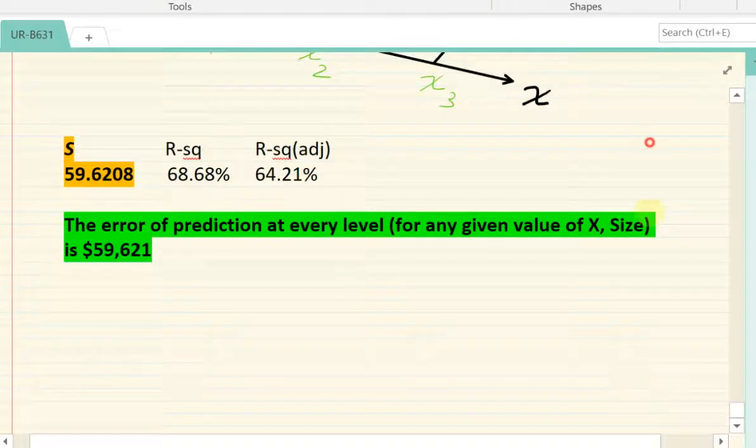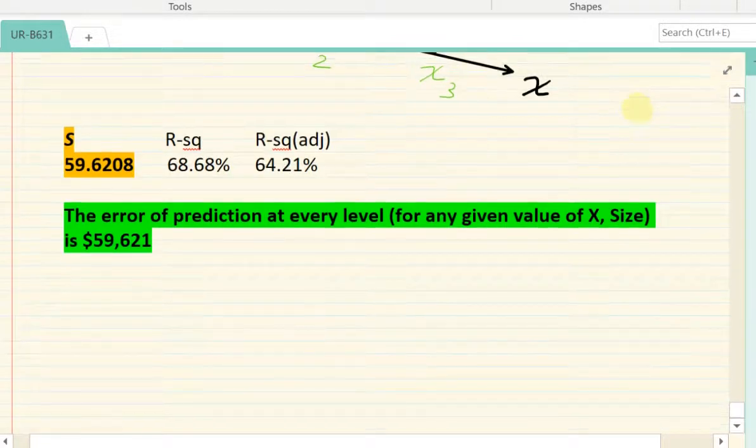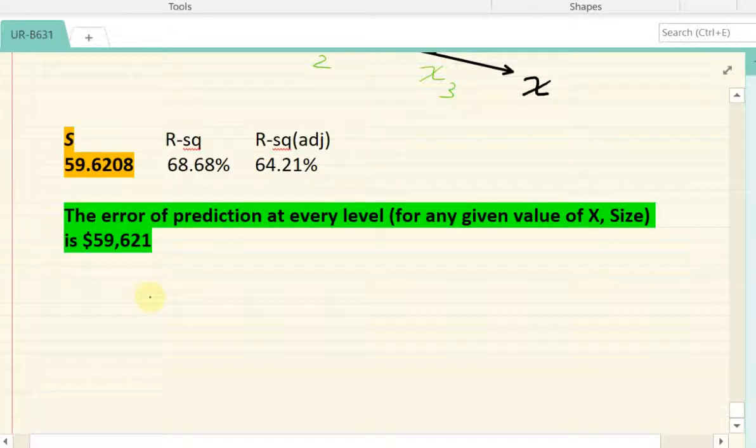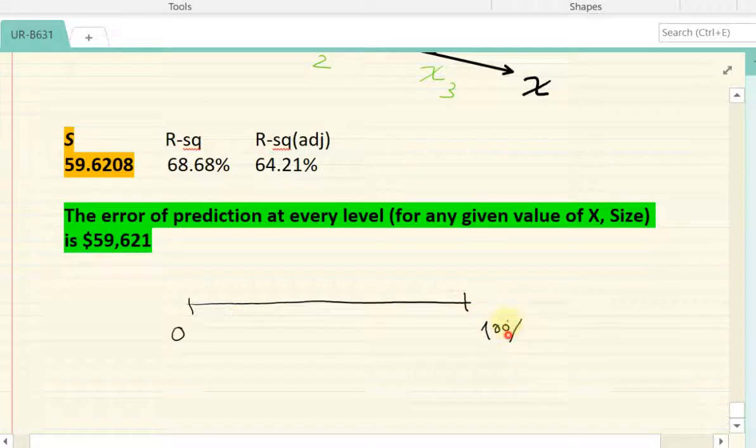So let me put some closing remarks here for you. If you look at R squared, for example, it goes from 0 to 100%, and this is the 50% mark.